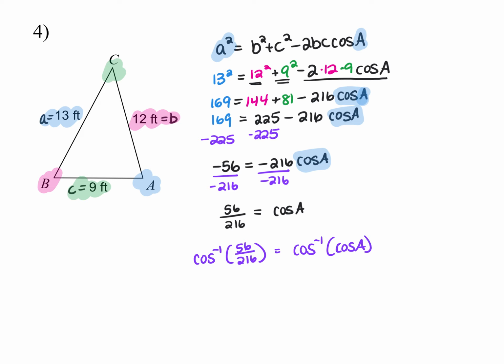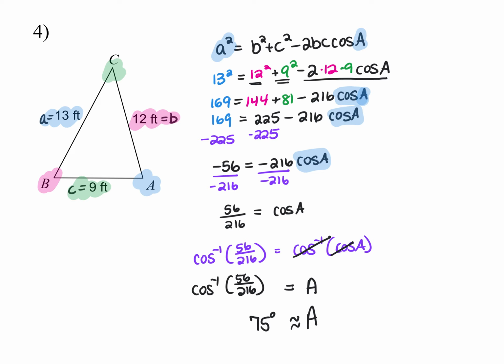And the reason I do that is because the inverse cosine will undo the cosine, leaving me with just A equals whatever the inverse cosine of 56 over 216 is. And that's when you're going to have to use your calculator. I don't know anybody that can do that one in their head. But you get, so it looks like, we'll say about 75 degrees. All right, so we have A is about 75 degrees.